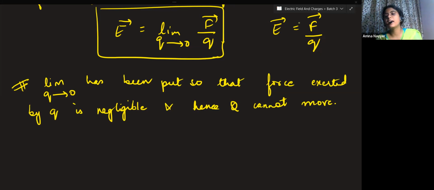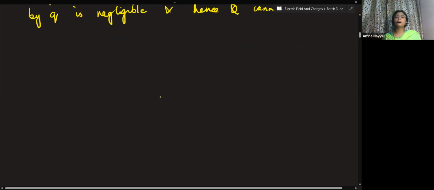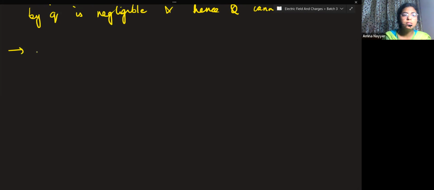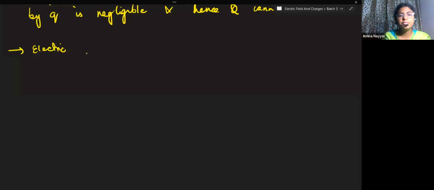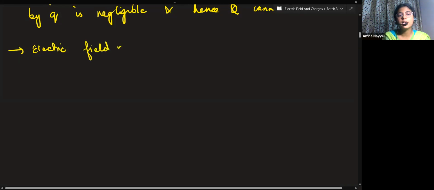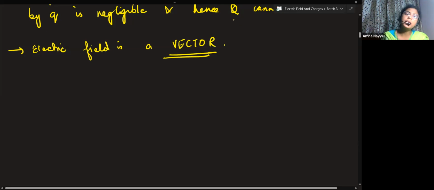Apart from this, there are a few points you have to remember regarding electric field. Electric field is a vector quantity. If you remember what vector quantities are, they have both direction and magnitude, while scalar quantities only have a magnitude and no direction.